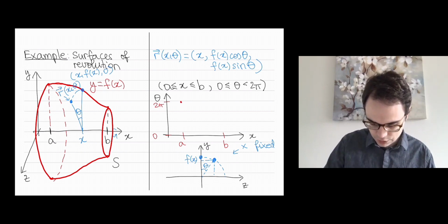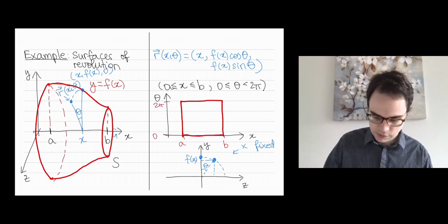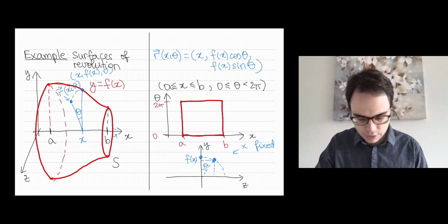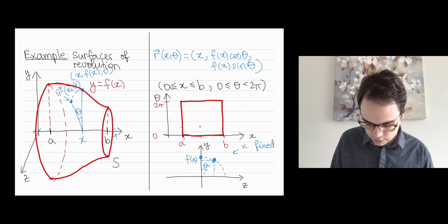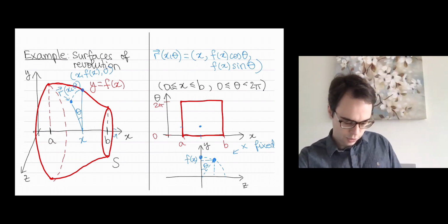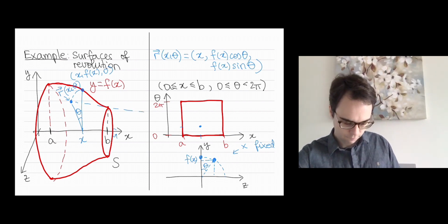So our region D just looks like a rectangle. Right, and the parametrization just moves points. If you give me a value of x and a value of theta, so the value I drew over there is kind of like here, the parametrization just maps points like this.